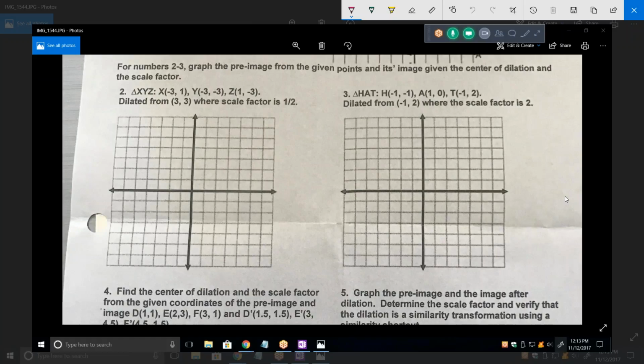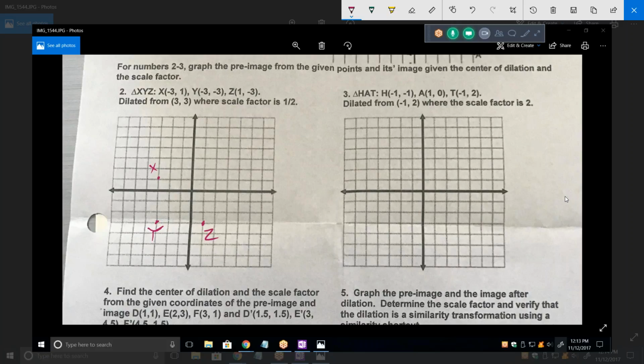All right. Triangle XYZ. We need to plot these 3 points. Okay. There's X. Y is -3, -3. So that's Y. And Z is 1, -3.